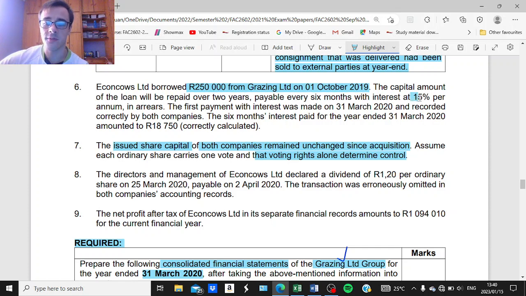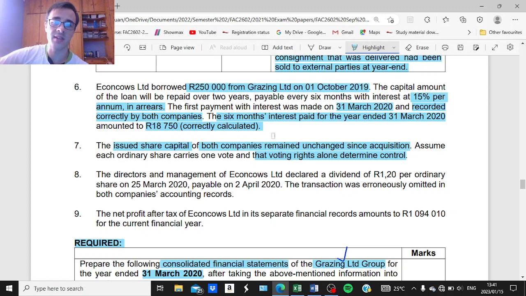Interest is calculated at 15% per annum and is payable in arrears, so paid at the beginning of each month. The first payment with interest was made on the 31st of March 2020, so at year end, and recorded correctly by both companies. Now, the 6 months interest paid for the year ended 31 March 2020 amounted to 18,750 Rand, which was correctly calculated.